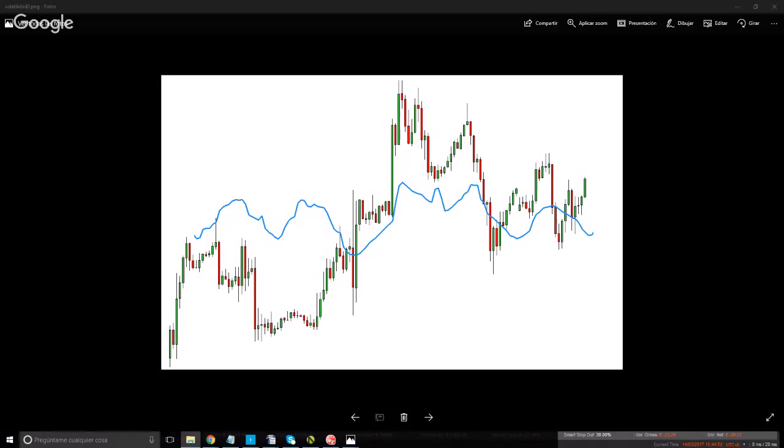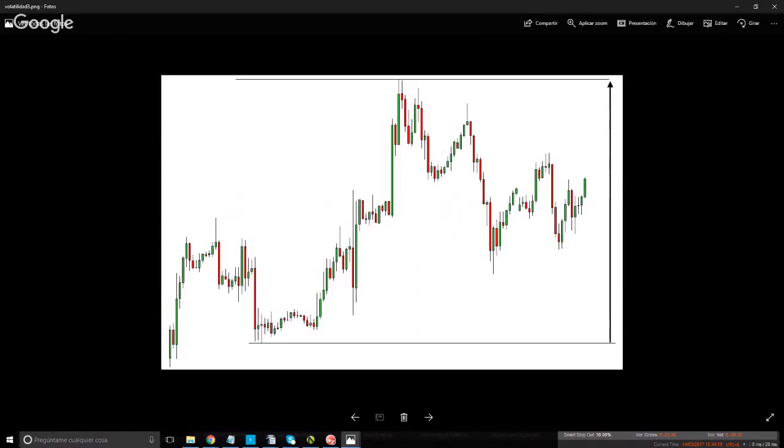I can even use another measure for volatility, which is the measurement between the minimum and maximum within a time horizon. These are all measures of volatility.